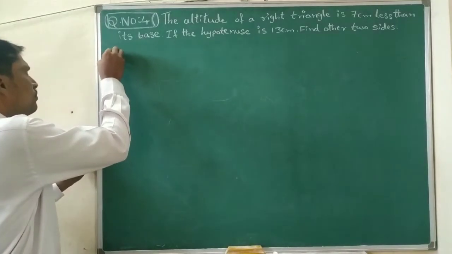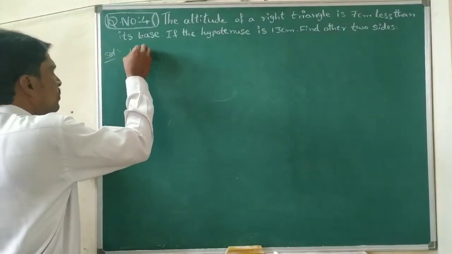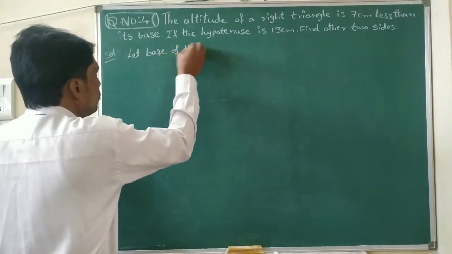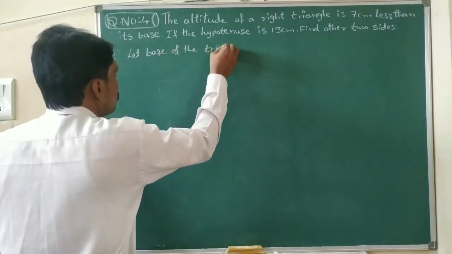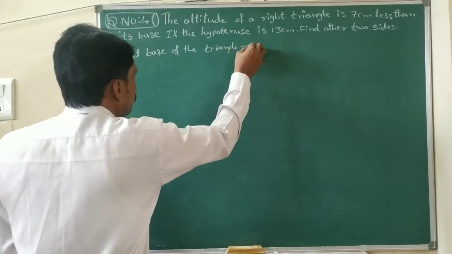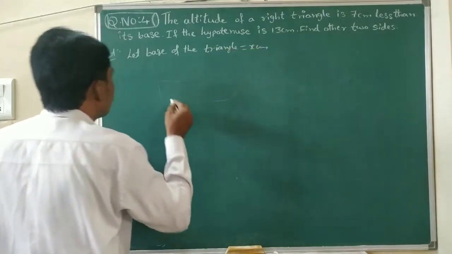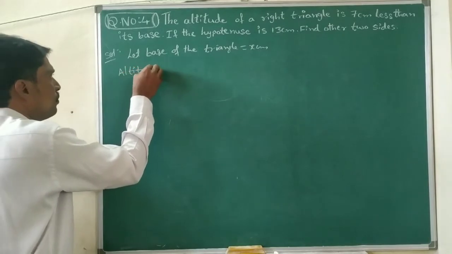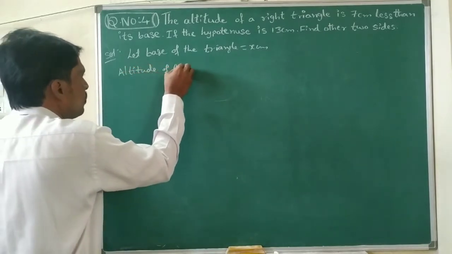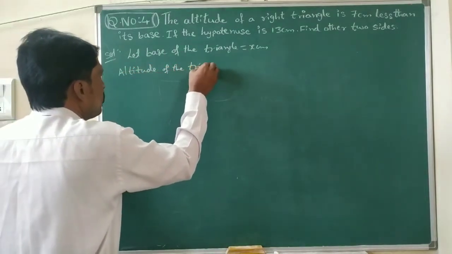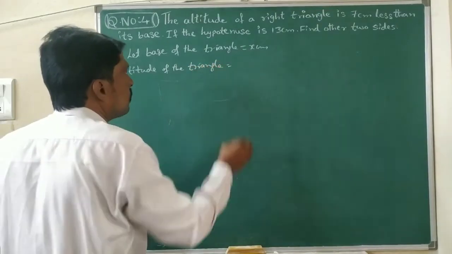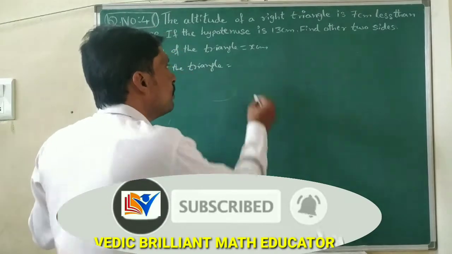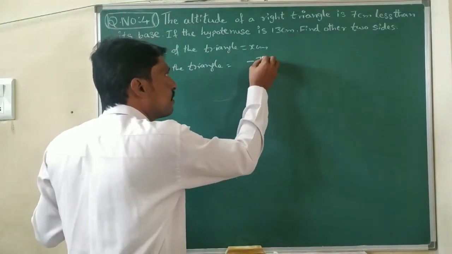See the solution. Let the base of the triangle equal x centimeters. Now we need to take the altitude. Altitude of the triangle equals 7 less than its base, which means minus 7.